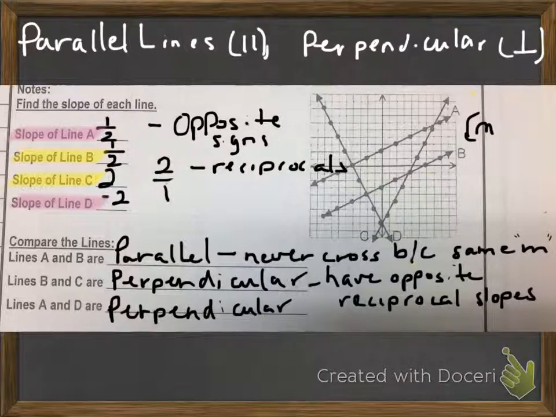So slope B times slope C. Slope B is 1/2. And it actually should be -1/2, right? Oh no, it's positive 1/2.